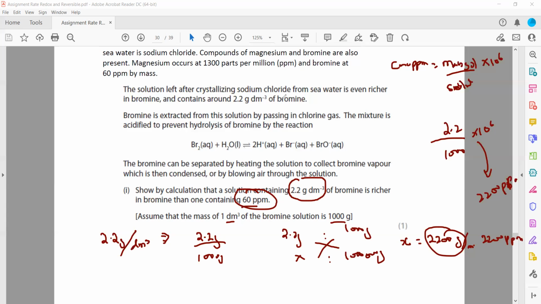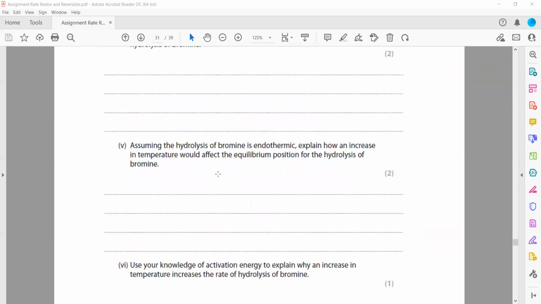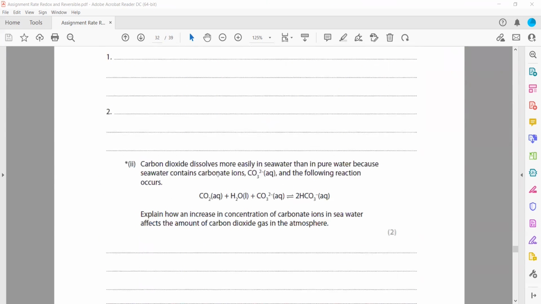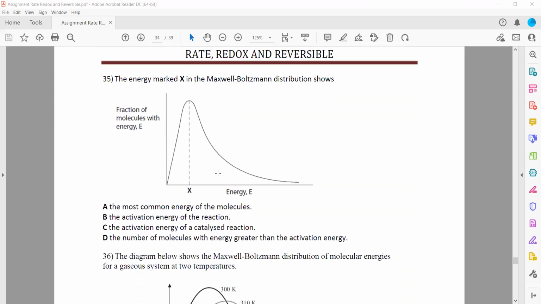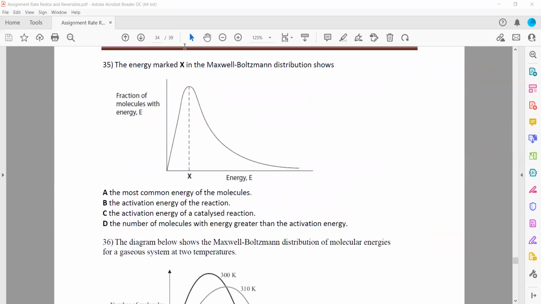Then the last question is 35. The energy marked X is on a Maxwell-Boltzmann distribution. What this X is representing is not the actual average energy. It means the greater number of particles will have this energy.